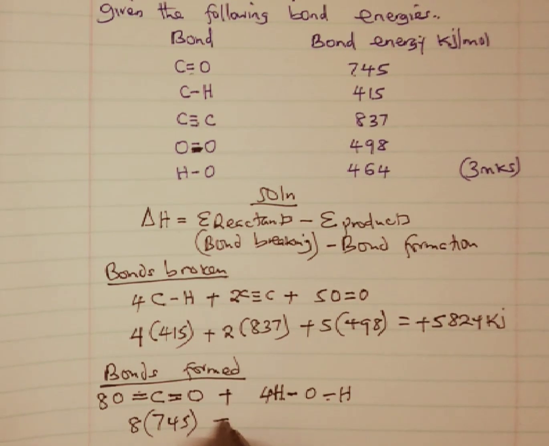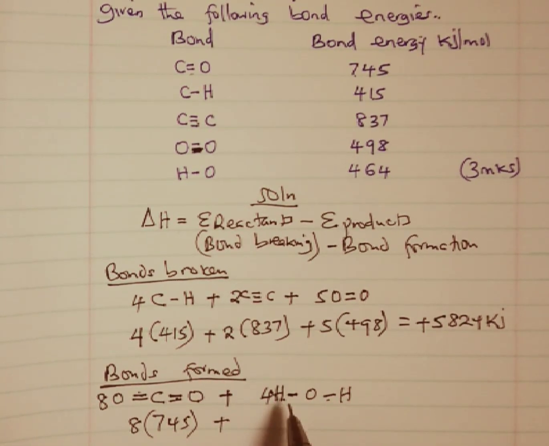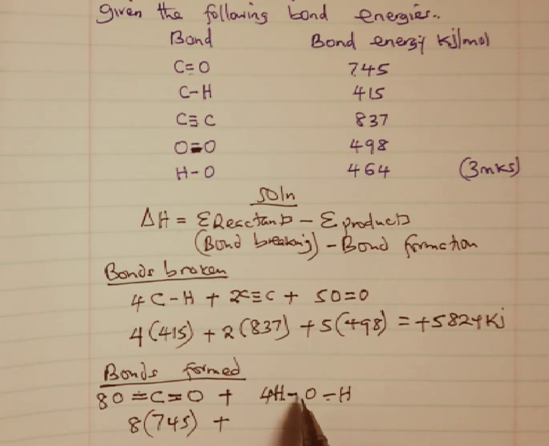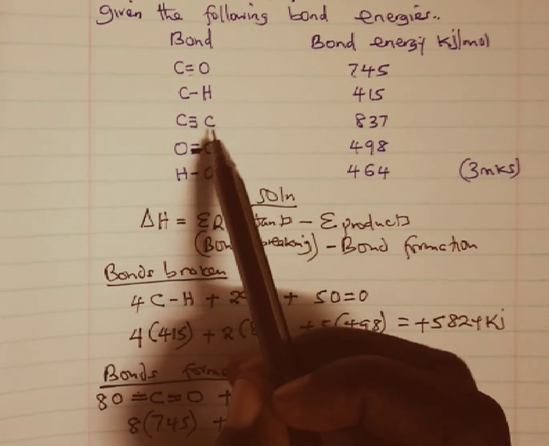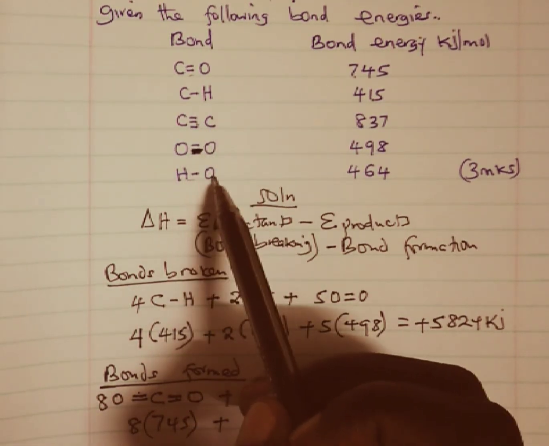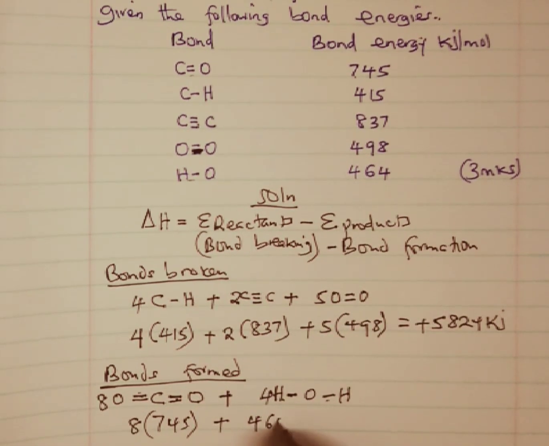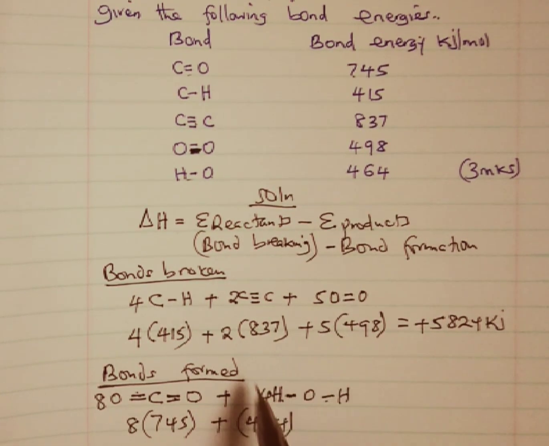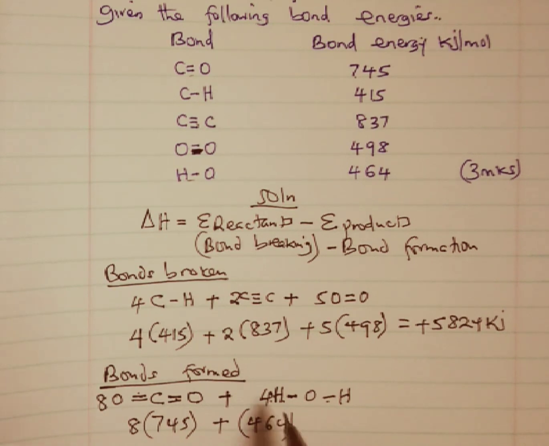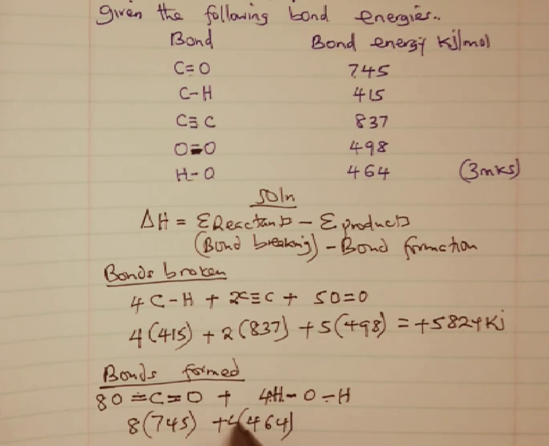We add the hydrogen-oxygen bond. The hydrogen-oxygen bond requires 464, but we have 4 of them, and therefore we multiply by 4.